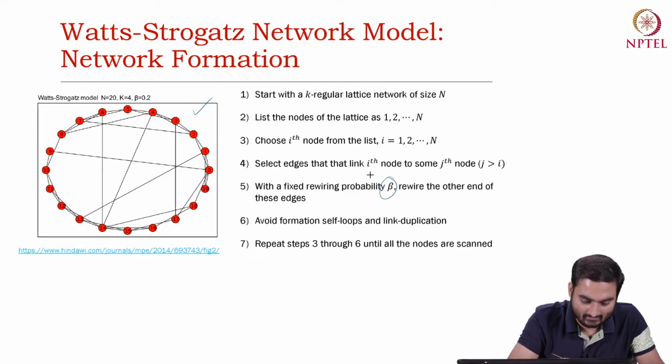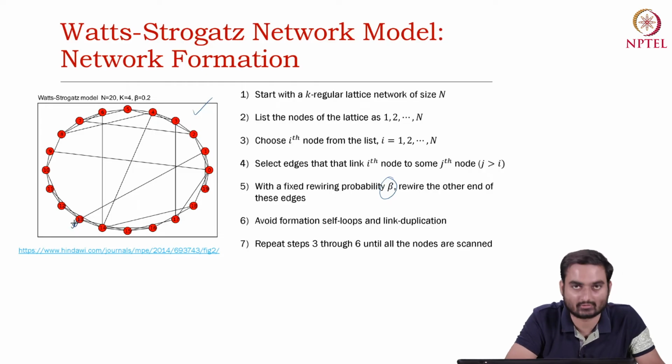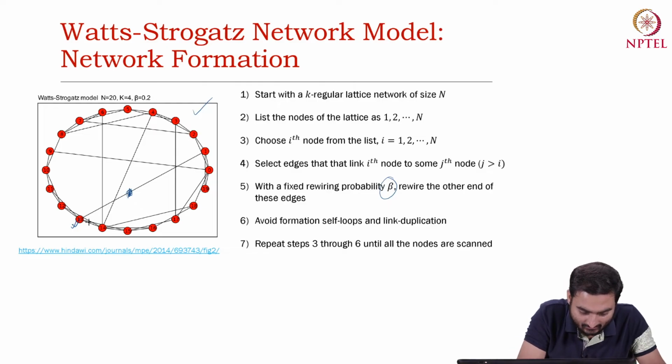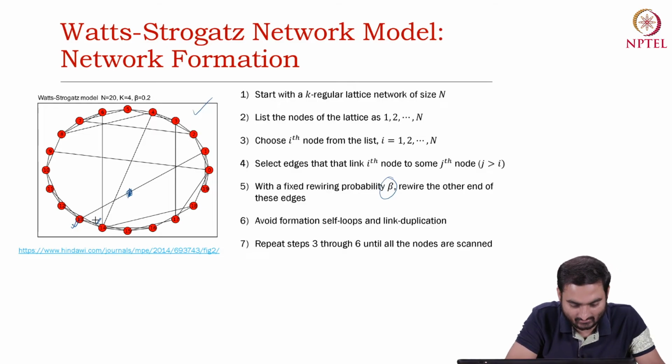Meaning that, let's say this node 13, you take one of its edges. For example, this edge, 13 to 15. So you choose this edge and then you rewire it. How do you rewire it?